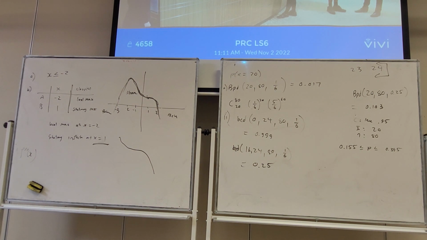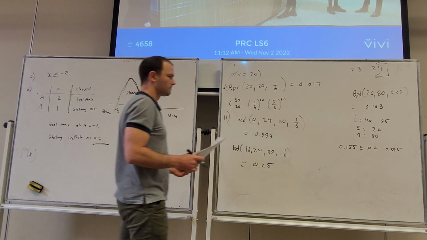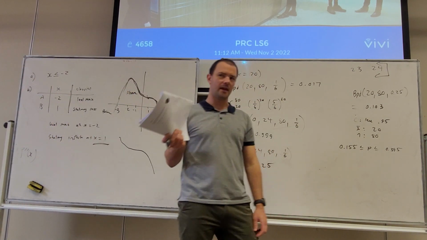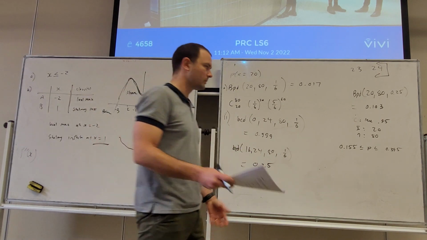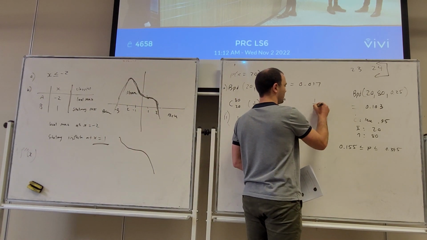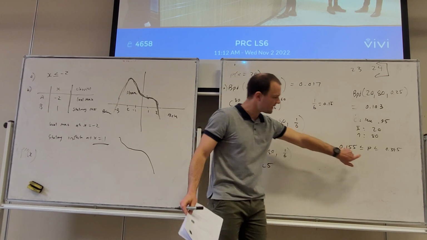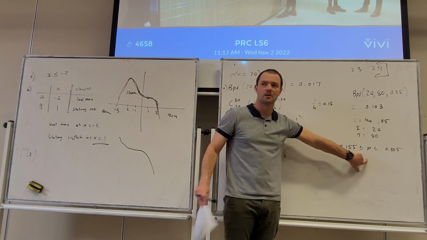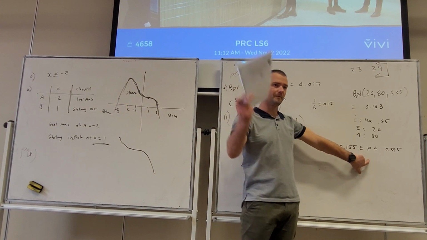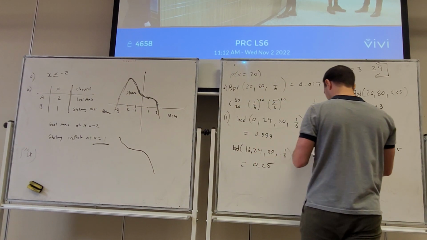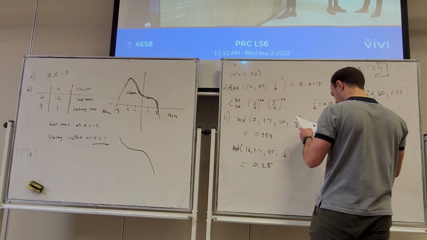All right. Is this confidence interval consistent with a fair die? Well, if it's fair, what's the probability of a 6? 1 out of 6, which is 0.16 recurring, right? Which exists in this confidence interval. So the die could still be fair. Is it consistent with a fair die?